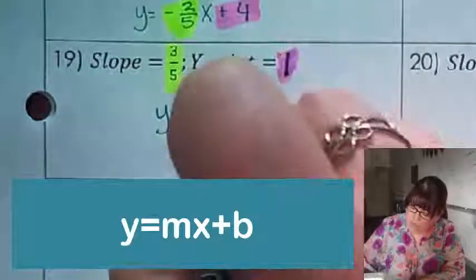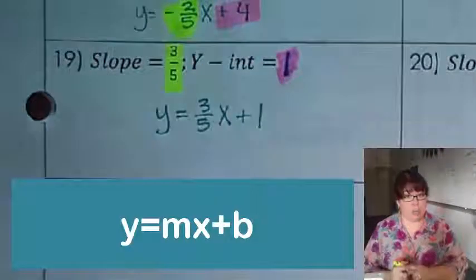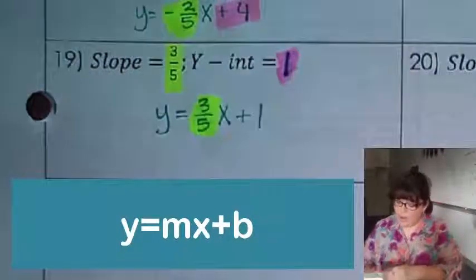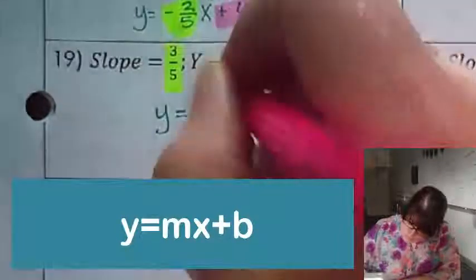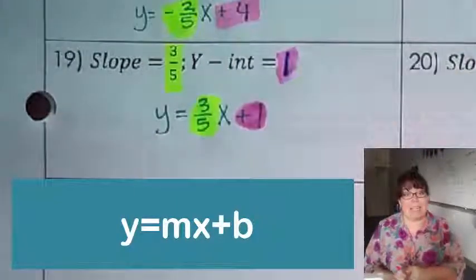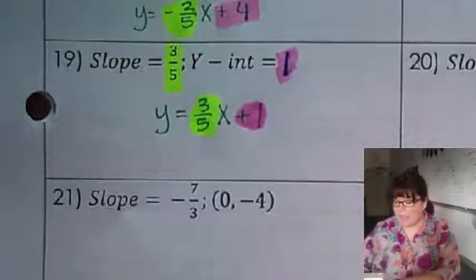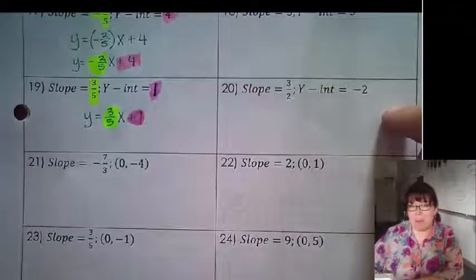So plus 1. Just to double check and make sure, we have our slope here being multiplied by our x, and we have our y-intercept here telling us where to begin when we go to graph. Why don't you pause the video, take a look at number 18 and 20, come on back when you think you've got it.